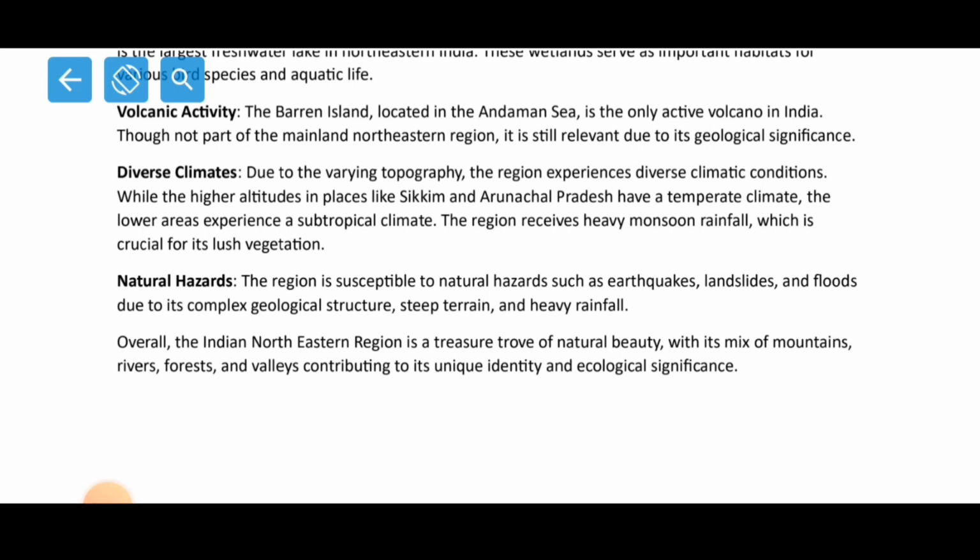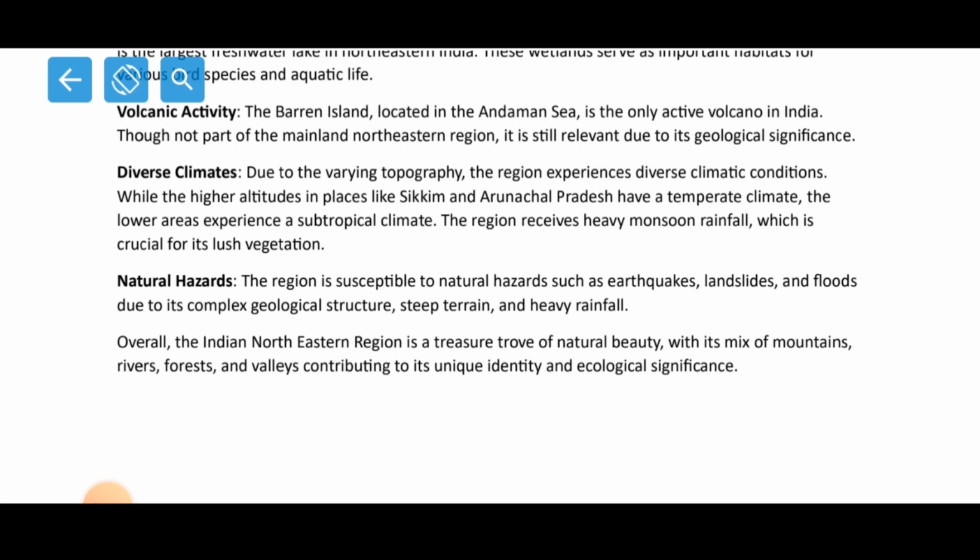Now, see, the very name of our state, Meghalaya, what do we understand by the word Meghalaya? Meghalaya means abode of clouds, right? Our state has got the highest rainfall record, the Guinness World Record.